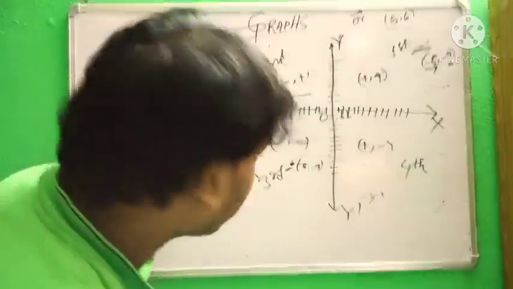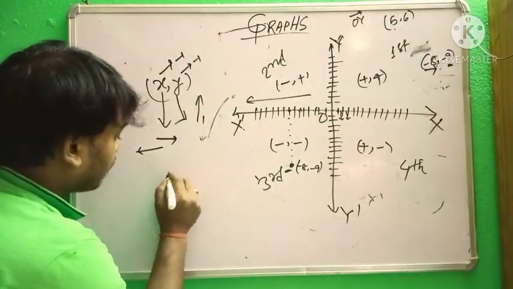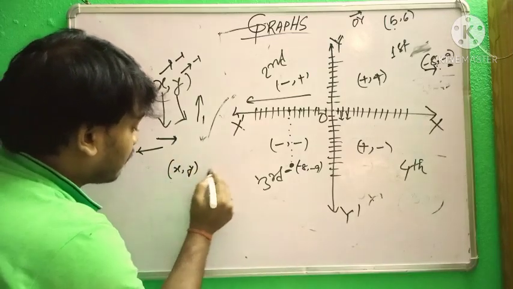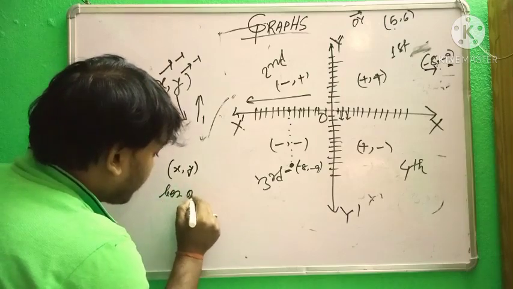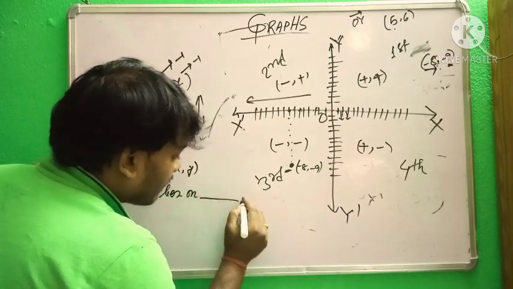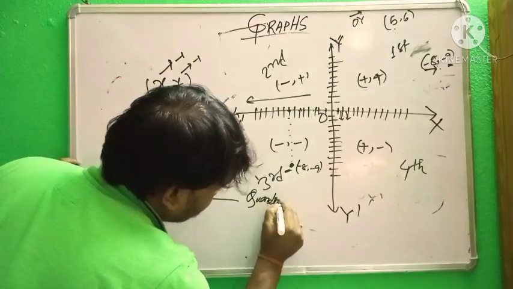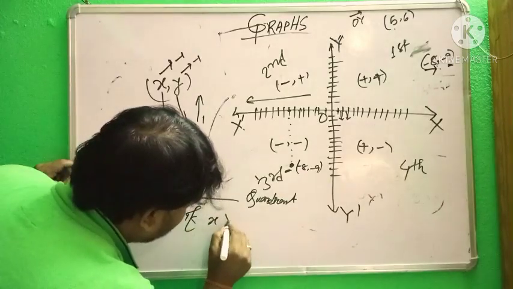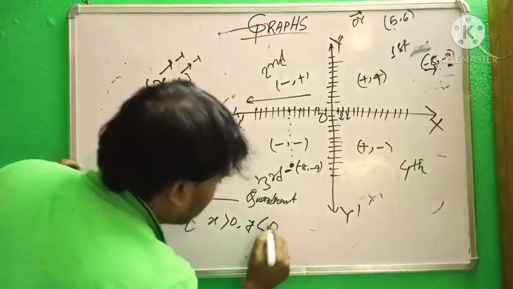Okay, another thing, if the question is x comma y lies on dash quadrant, and x greater than 0, y less than 0.